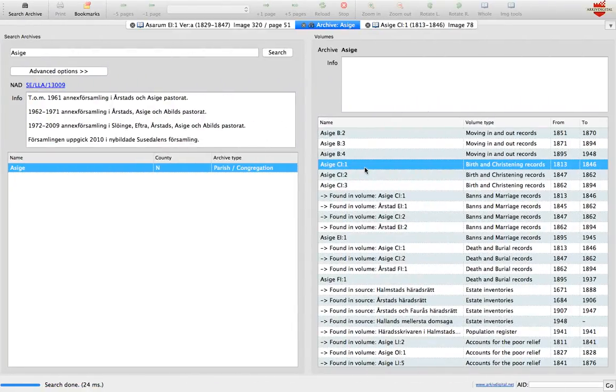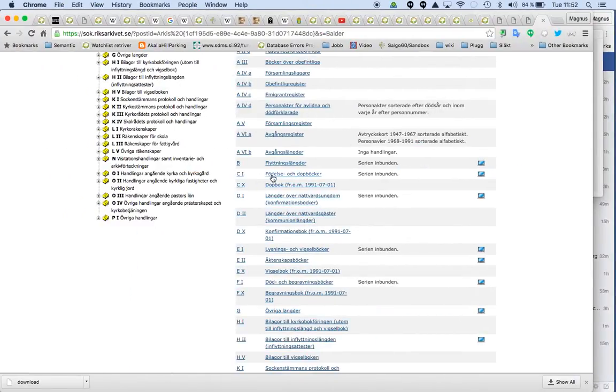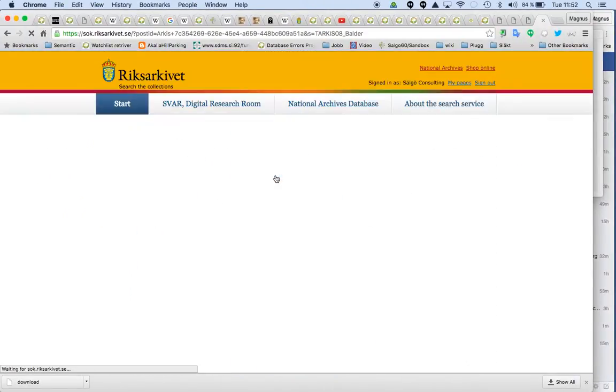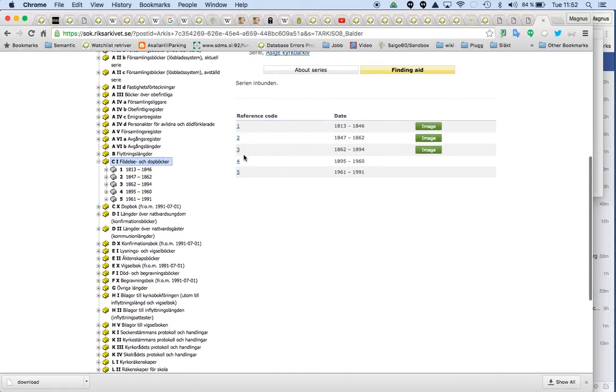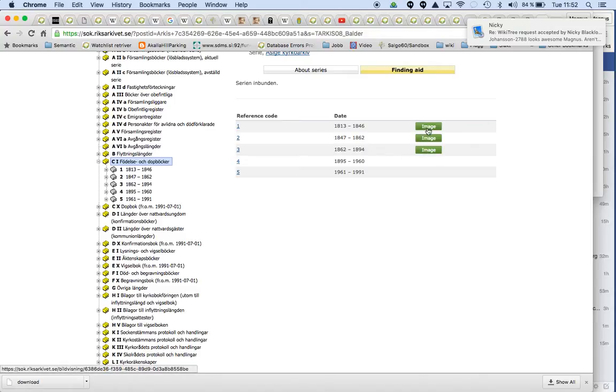So the books we see here, C1, it's in a födelse, birth book. And then you know it's 1, 2, 3, 4, 5. This one is 3 images. They have scanned. It's SVAR.